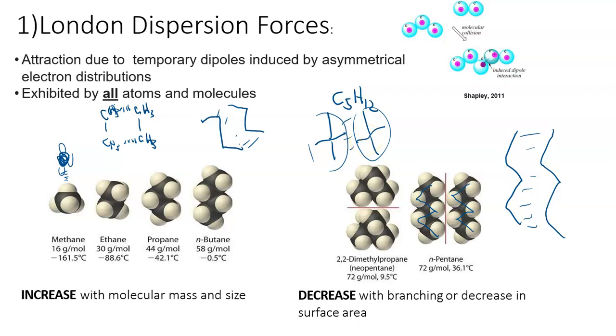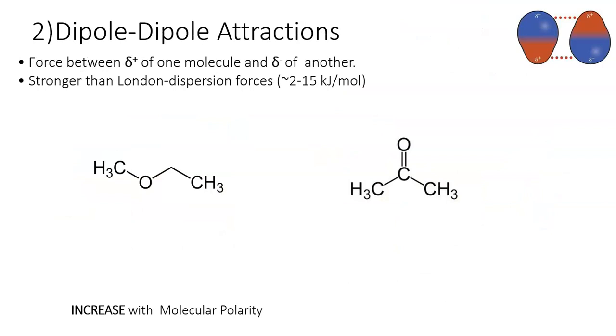For our next one, dipole-dipole attraction really has everything to do with molecular polarity, the polarity of the molecule as a whole. If we look at this ethyl methyl ether, we have a dipole moment pointing towards the oxygen, where each carbon points towards the oxygen.